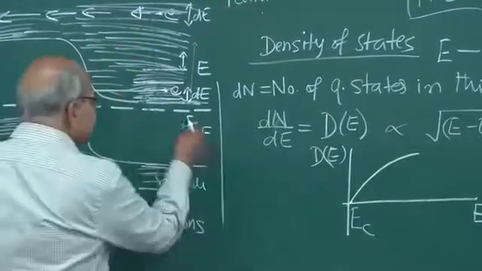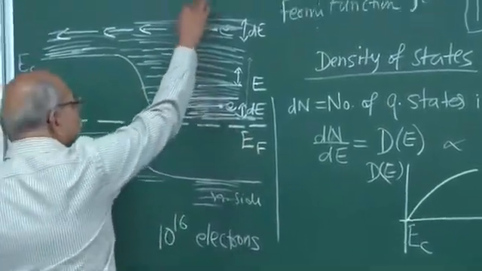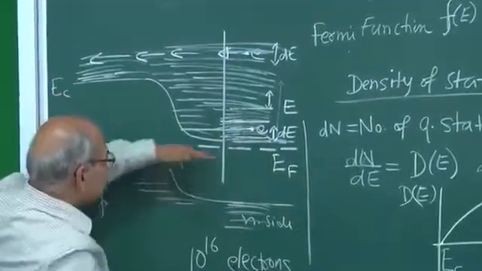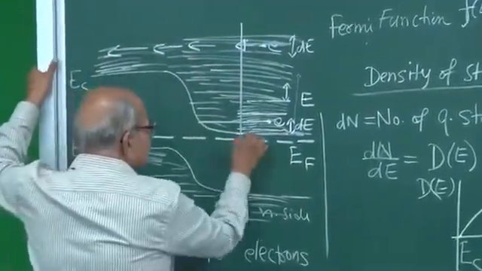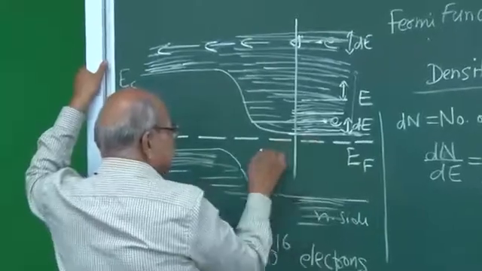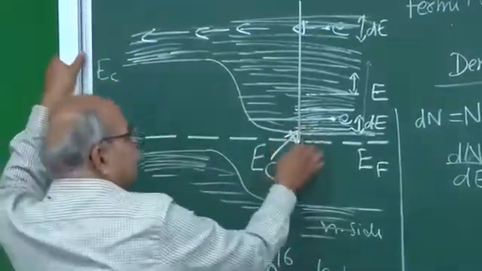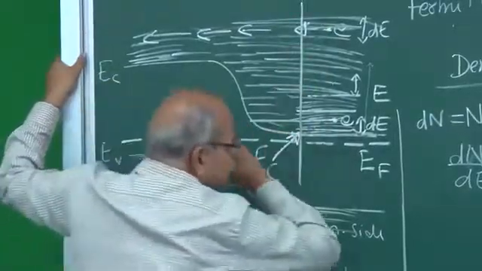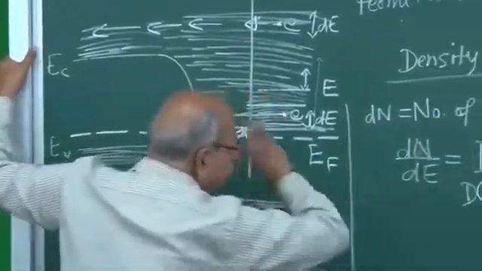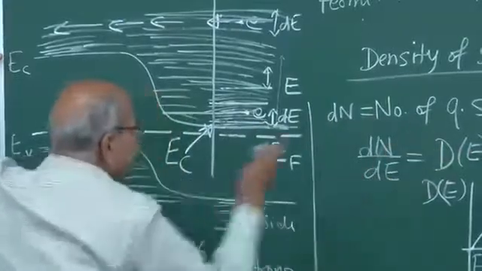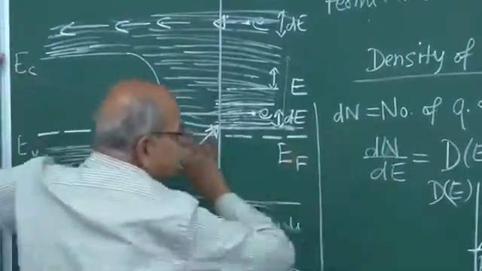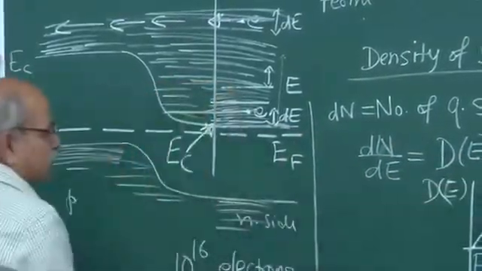You can plot this dE here also. If I draw a line here and energy is going up, this point is energy EC, and energy is going up here. And if density of states, this dE I am plotting towards the right. What will happen?